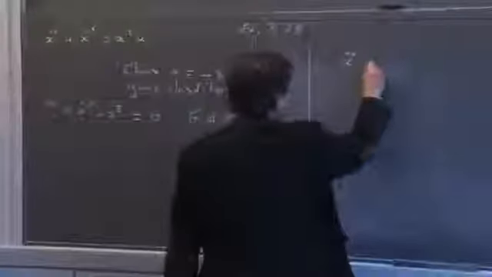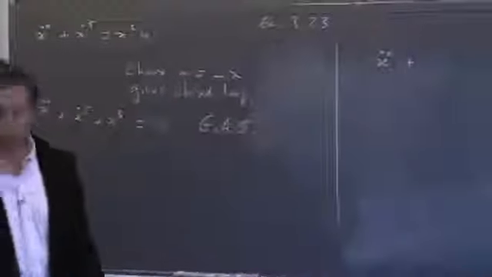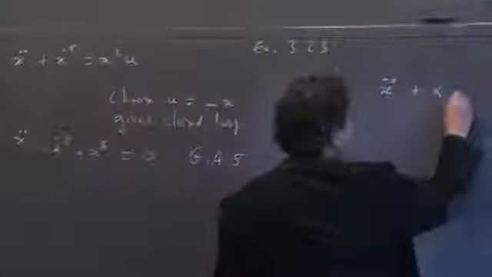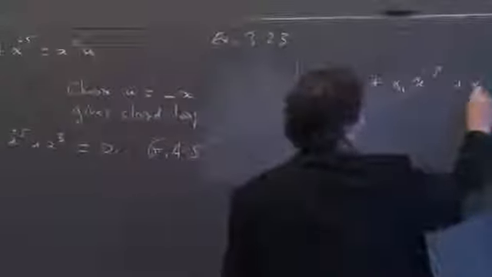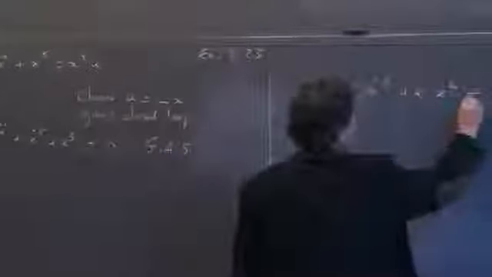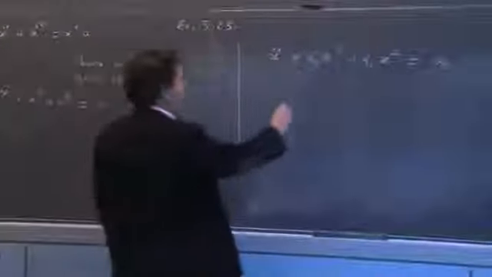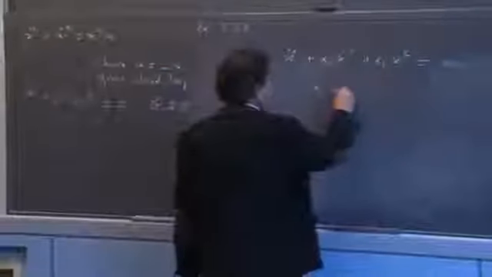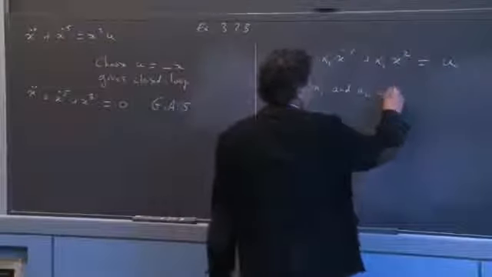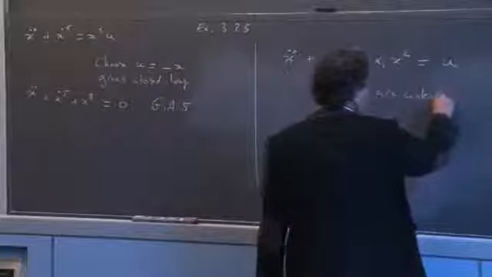So suppose you have this system, x cube equal u. Okay, so this is your system, and alpha 1 and alpha 2 are unknown constants.